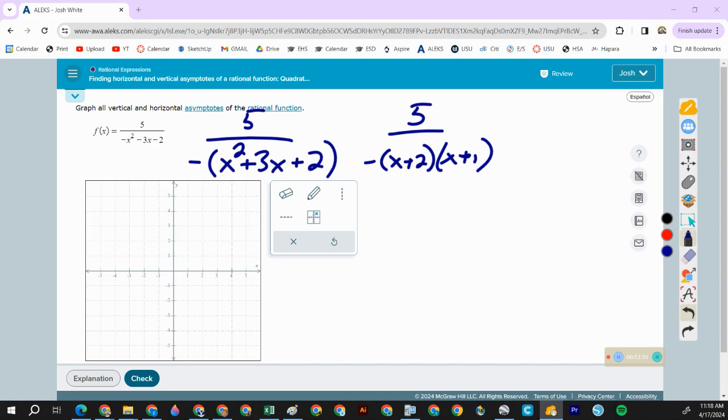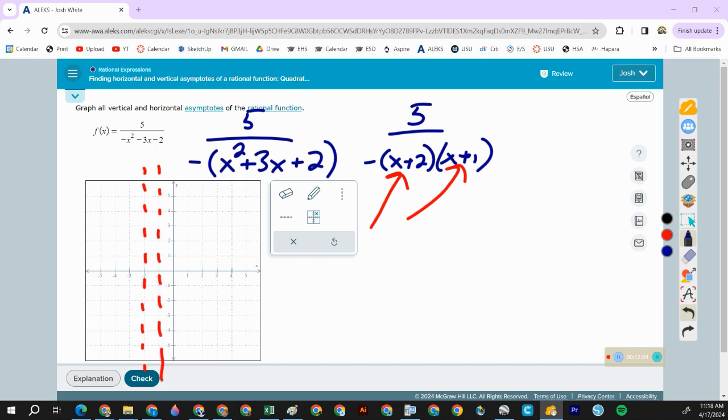Okay. What does that tell me? Vertical asymptote at -2. What does this tell me? Another one at -1.